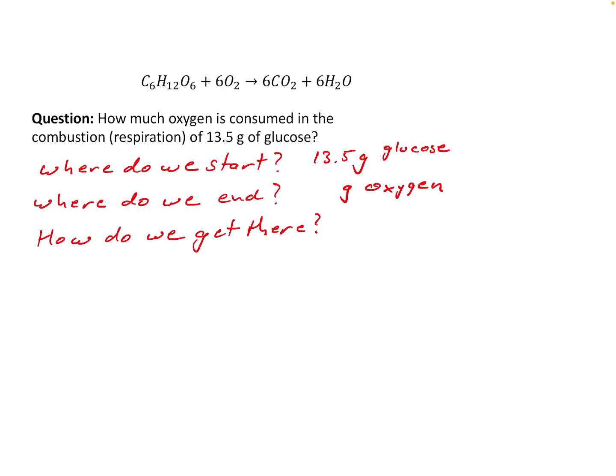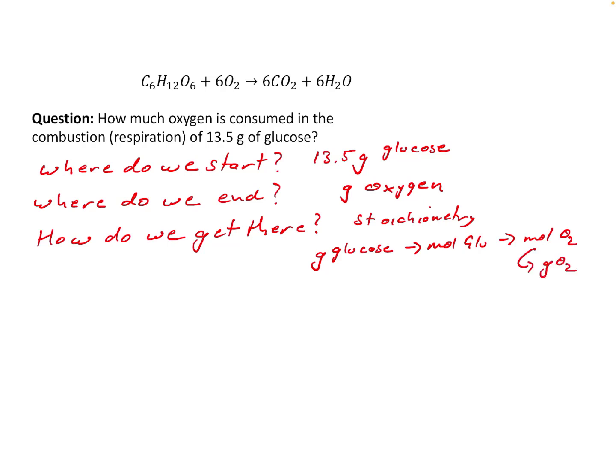The how do we get there is our stoichiometry, and we can sort of plan this out, where we need the grams of glucose. We're going to need to go to moles of glucose, then the moles of oxygen, and then from that we should be able to get to the grams of oxygen.